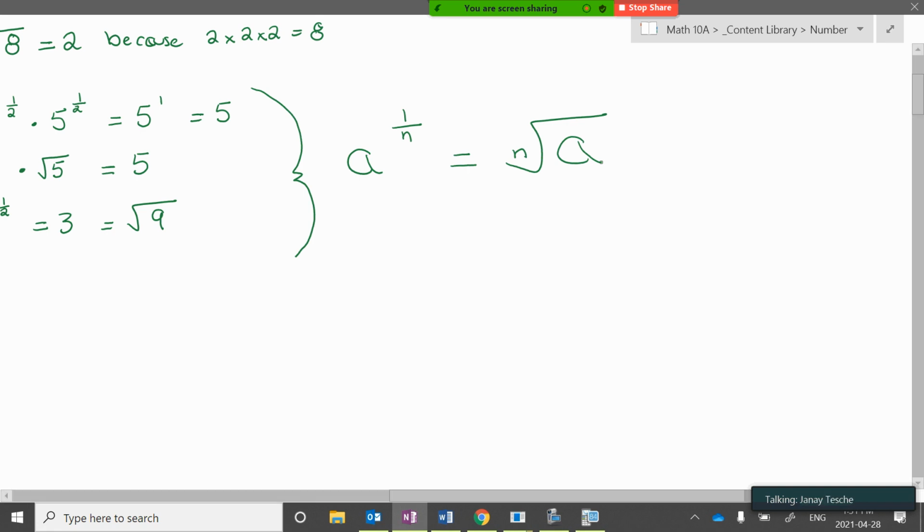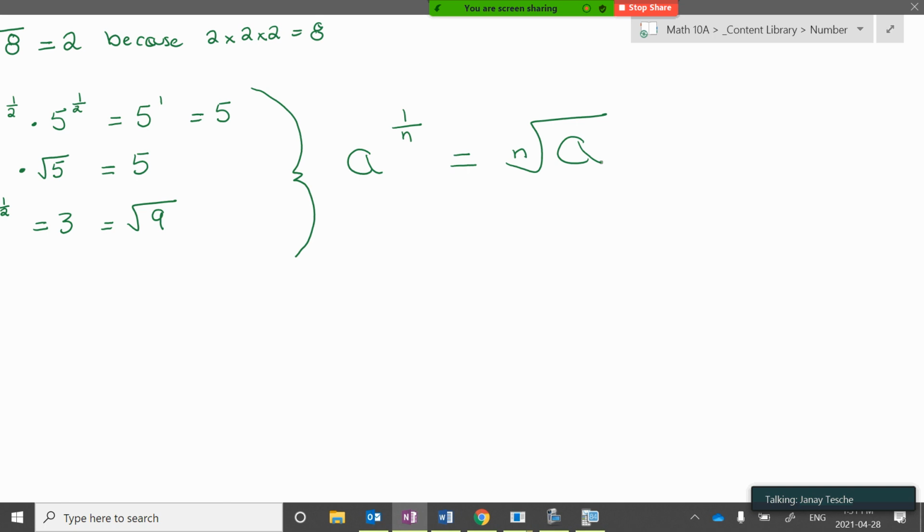It's a weird thing, but it's how we deal with fractional exponents. You can convert them to a radical or a root, or you can deal with them as fractions. What the question's asking for will determine the route you take.